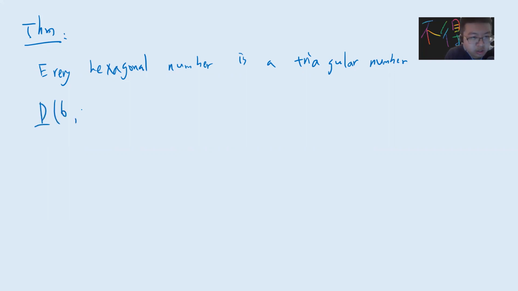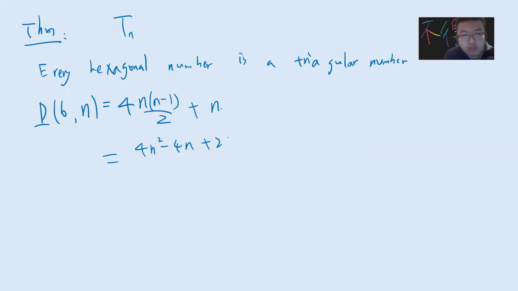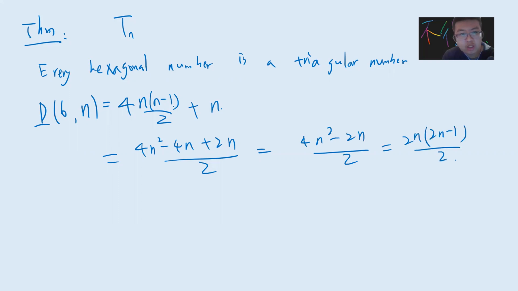The nth hexagonal number will be (4 times the triangular number), let's write T_n for the triangular number, so T_n is n(n minus 1) divided by 2, plus n. Okay, so simple calculation will be (4n squared minus 4n plus 2n) divided by 2, which is (4n squared minus 2n) divided by 2, which is (2n minus 1)(2n) divided by 2. Okay, so in terms of this and this, we proved it. Okay, so very elementary.